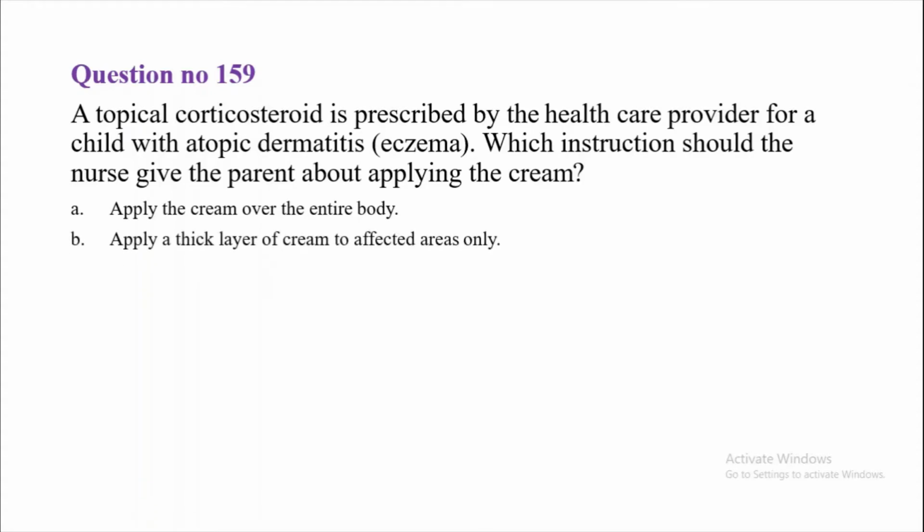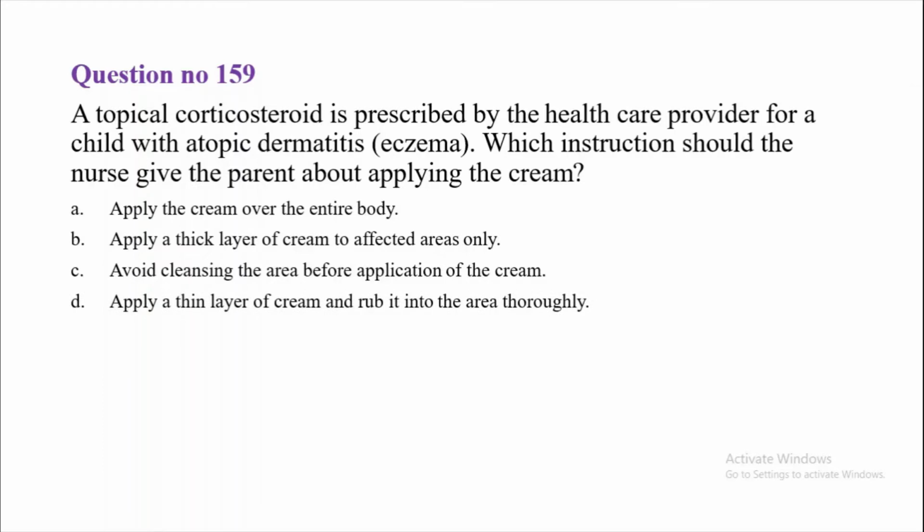Number B, apply a thick layer of cream to affected areas only. Number C, avoid cleaning the area before application of the cream. Number D, apply a thin layer of cream and rub it into the area thoroughly.